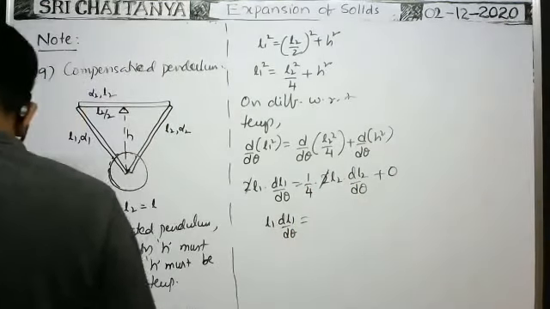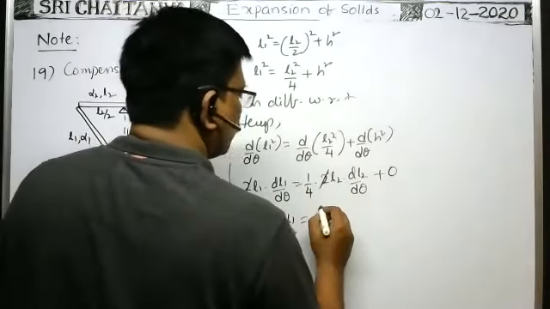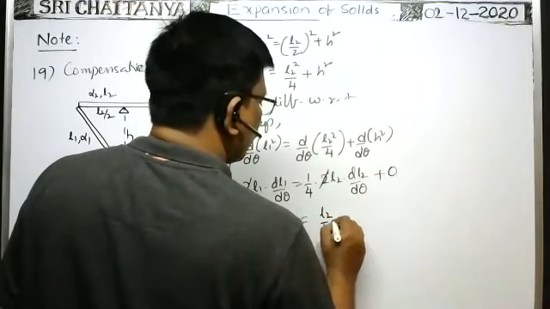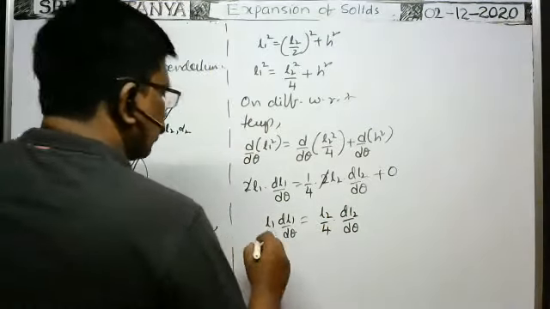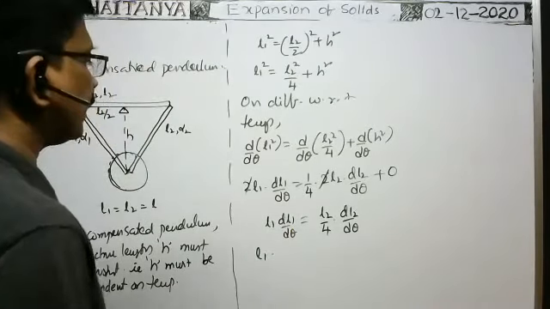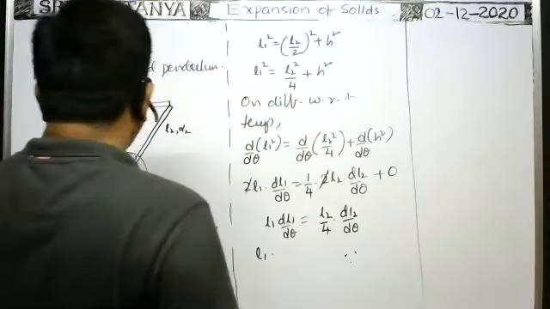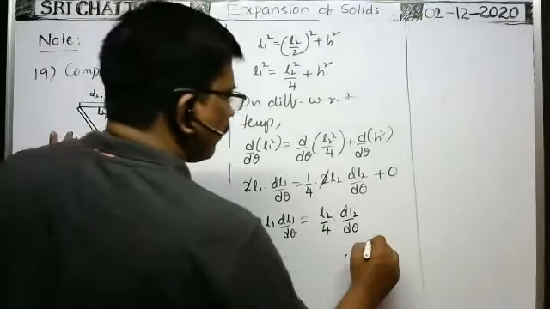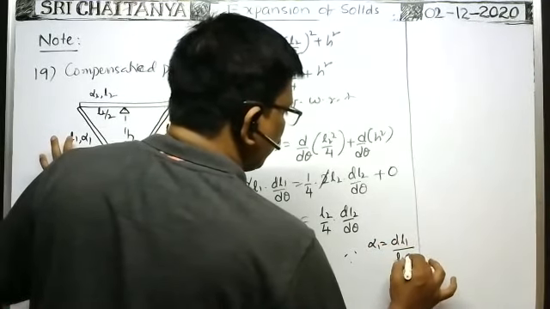Now L1 dL1 by d theta is equal to L2 by 4 into dL2 by d theta. So L1 into dL1 by d theta, how can we write? dL1 by d theta means, since the coefficient of linear expansion alpha 1 is equal to the increase in length of the rod, dL1, by the initial length L1 into d theta.